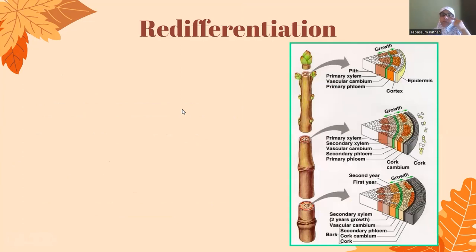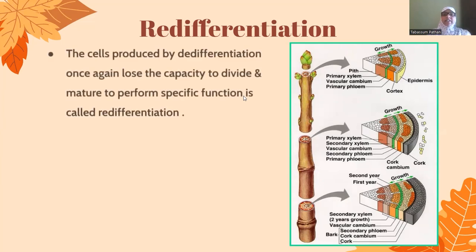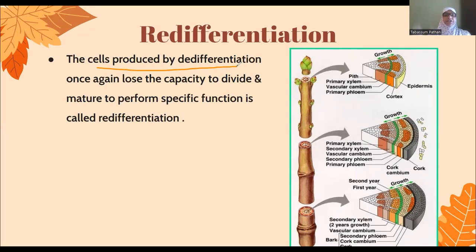Another process that occurs in this context is redifferentiation. What is redifferentiation? The cells that are produced by dedifferentiation regain the capacity to divide, for example. Once again they lose the capacity to divide and mature to perform a specific function, which is called redifferentiation.